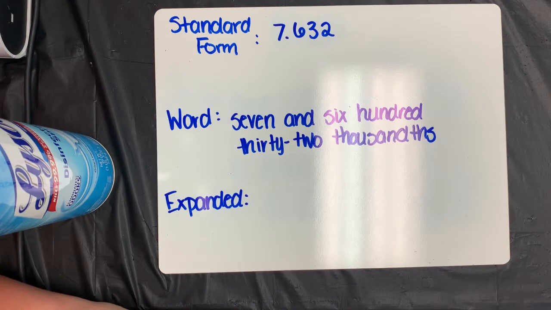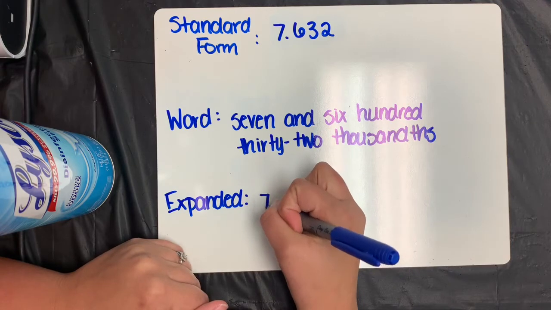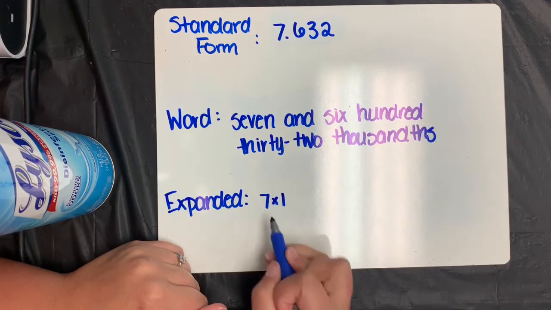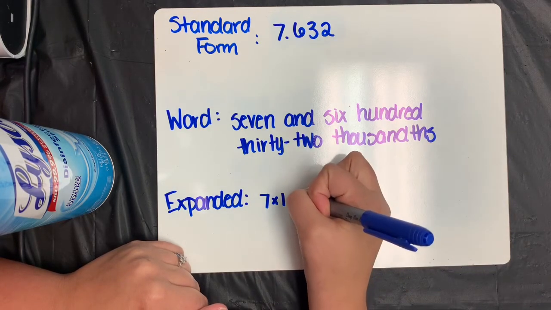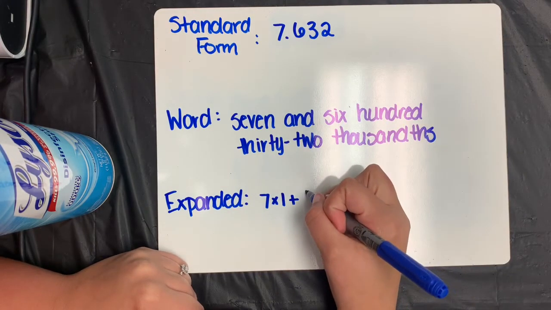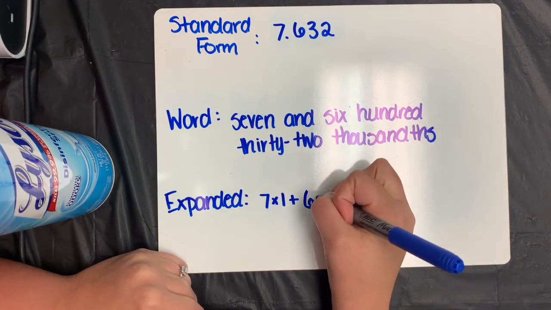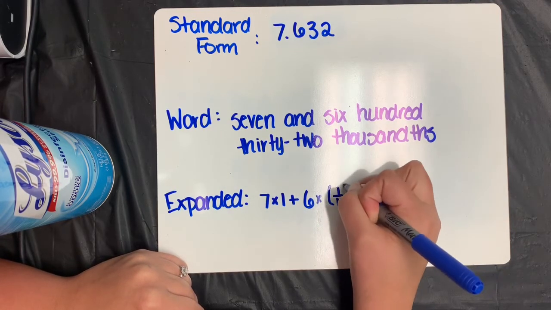Now we need to do the expanded form. We have a whole number here. We have a 7 in the ones place. So I'm going to write 7 times 1 because that represents the 7 in the ones place. Now I need to add. I have a 6 in the tenths place, so I need to do 6 times 1/10.